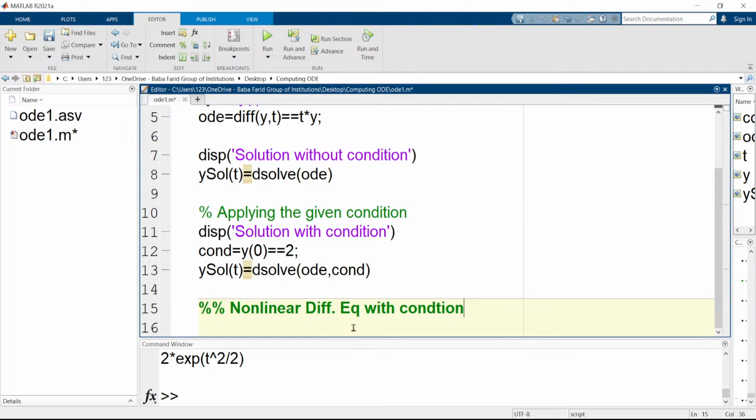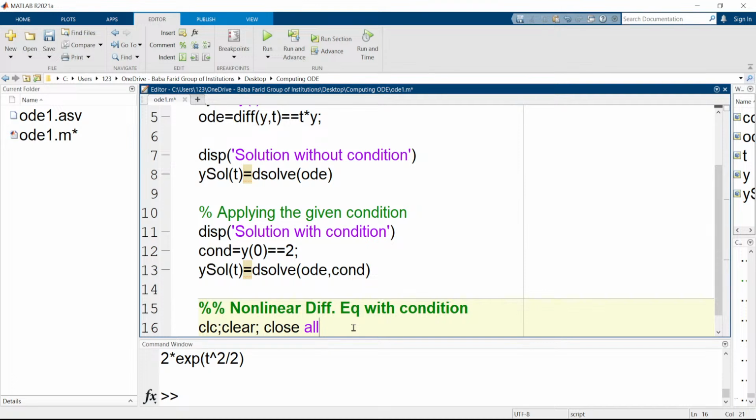So in this way you can easily write your script files and save them for future use. And the code is, usually we first use clc, then clear, then close all.